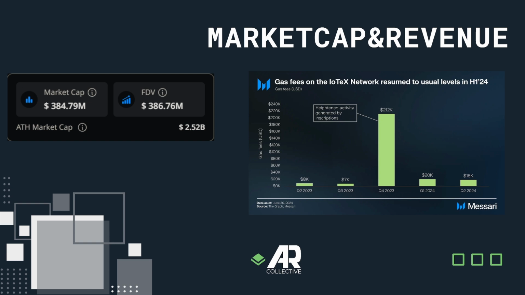Also, back in Q4 of 2023, they had a revenue of 212K. Well, I wouldn't say revenue stream, but they had a very huge revenue from gas fees only, 200K, because of inscriptions. Afterwards, of course, it calmed down to 20K to 18K. But this is only one stream of revenue.